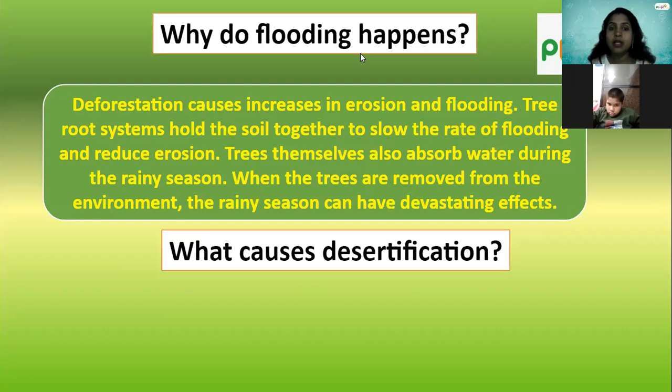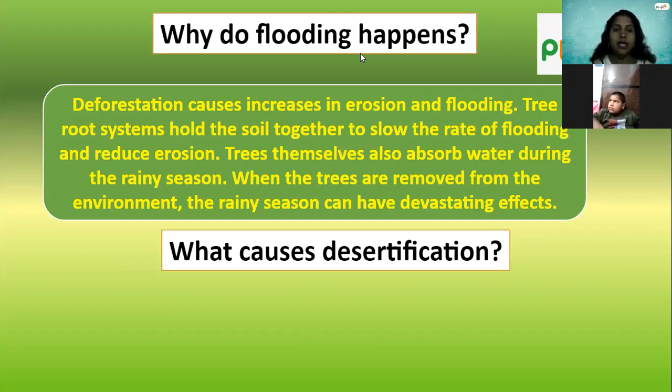Soil erosion, flooding, desertification, then climate change, loss of habitat, the animals lose their home, and loss of valuable species. That means some animals also died because of deforestation. Is this clear? What are the reasons for deforestation and what are the effects?